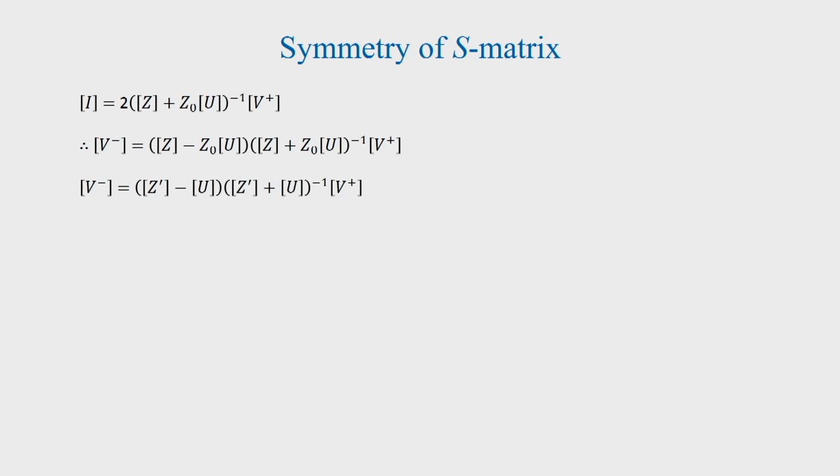So, once we make all these substitutions, we finally get the expression for S, which is S is equal to Z dash minus u multiplied by Z dash plus u inverse. So, this is another expression for the scattering matrix S in terms of this normalized impedance matrix.